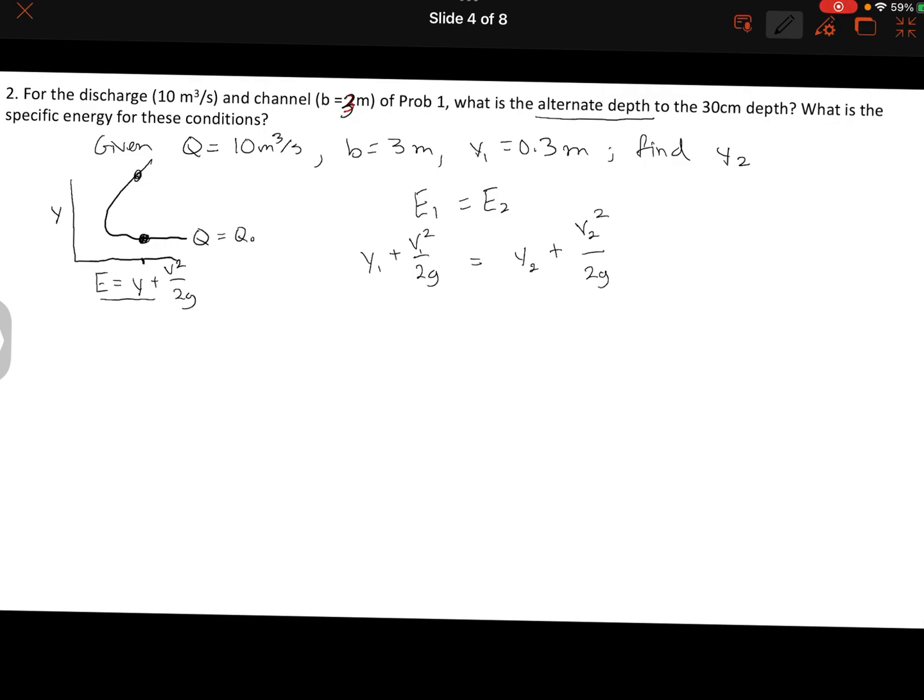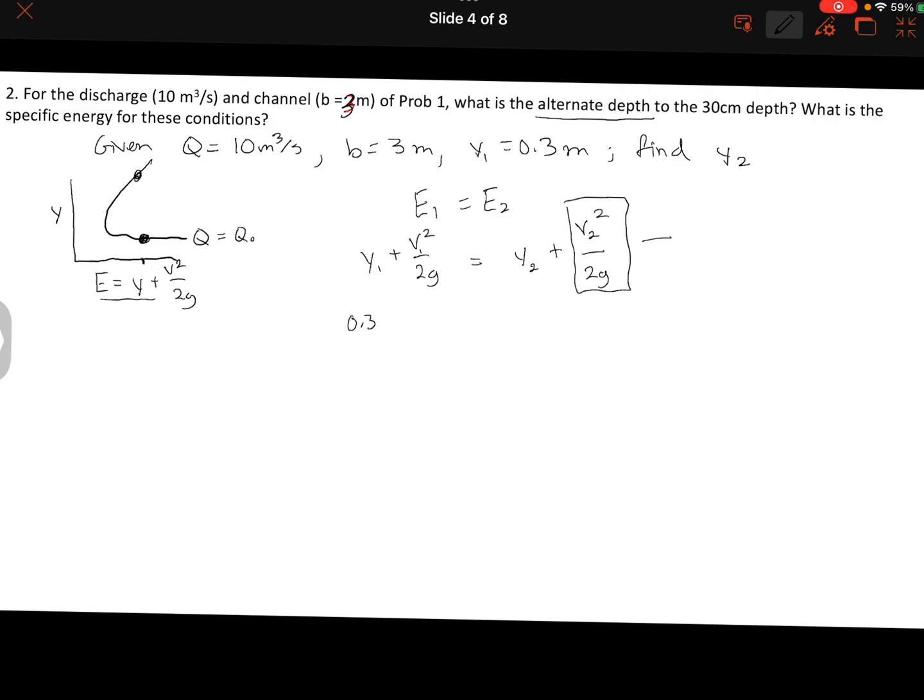And so if we solve for E1, where we have a depth of 0.3 meters, and then if we substitute in, we write our velocity head, and I'm just going to circle this here.